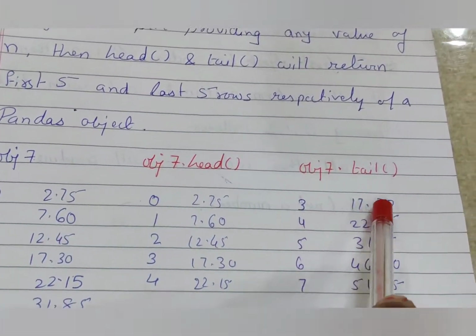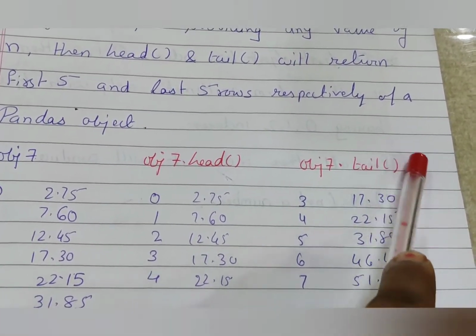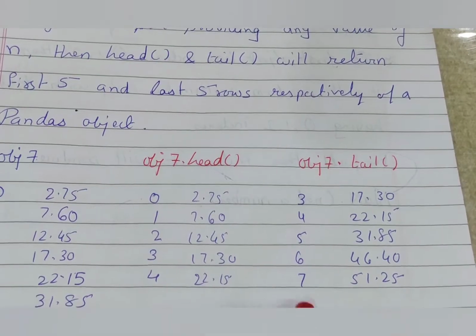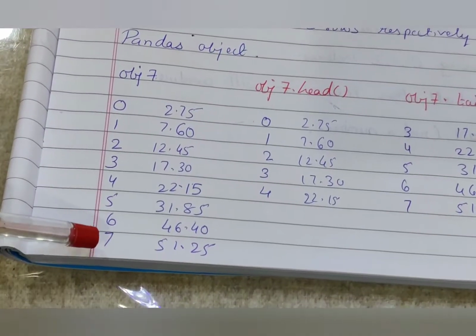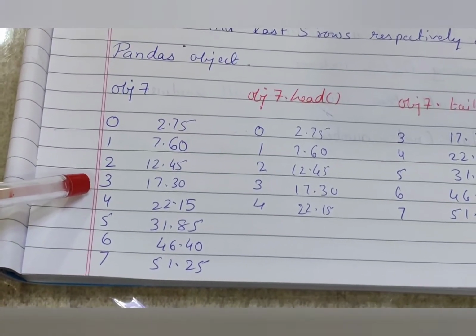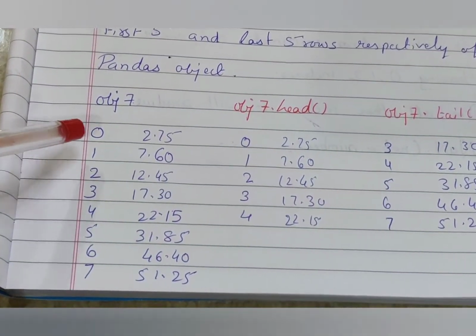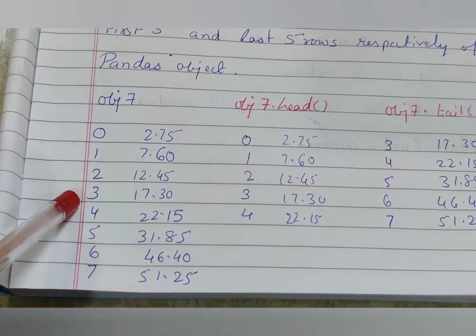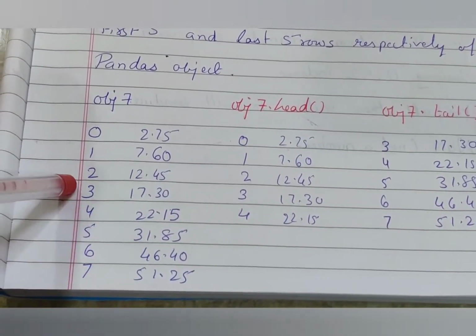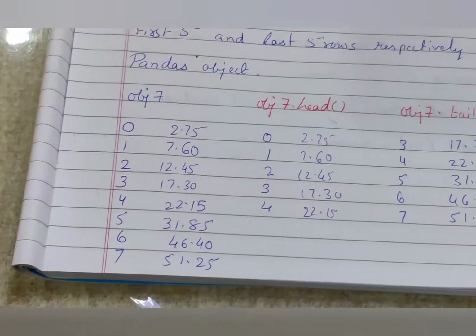If I give obj dot tail, no value inside the tail function, then it will give the last 5 rows. Last 5 means 1 2 3 4 5, from 3 it will display. If you are not giving any value, it will display the first 5 for head, and the last 5 values for tail.